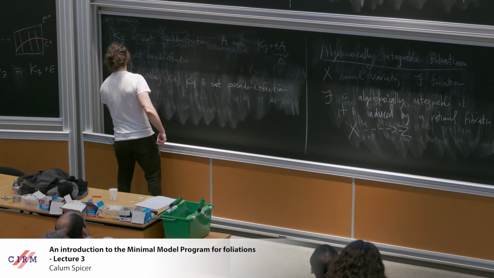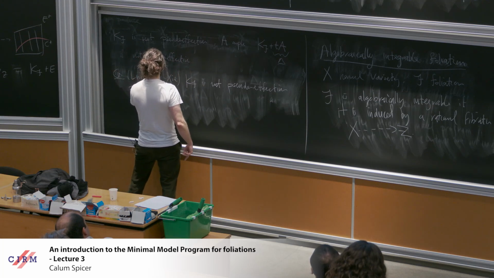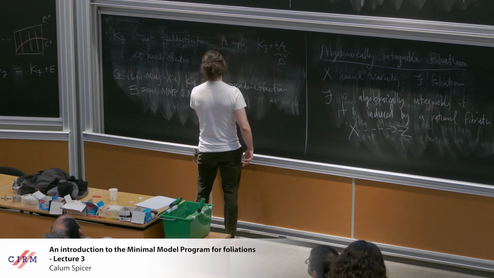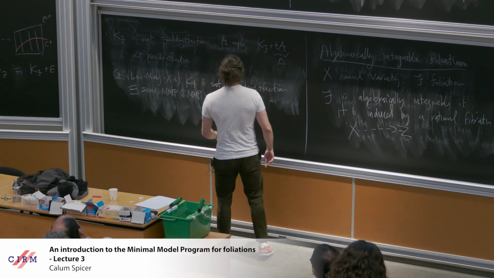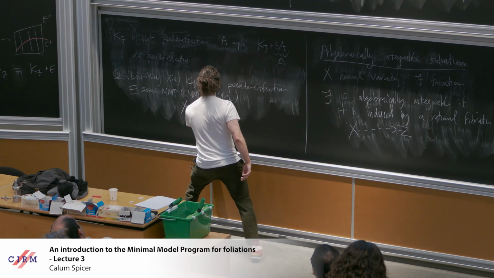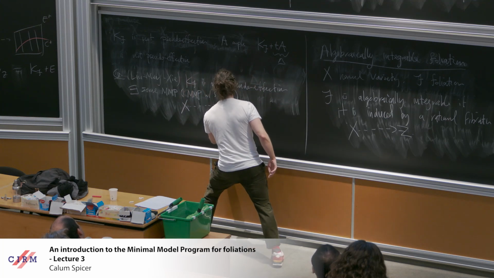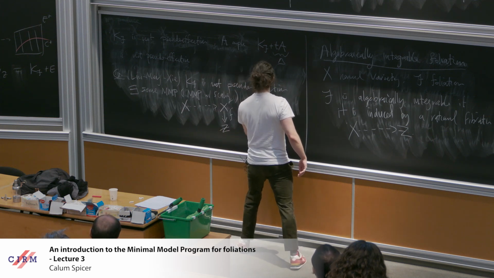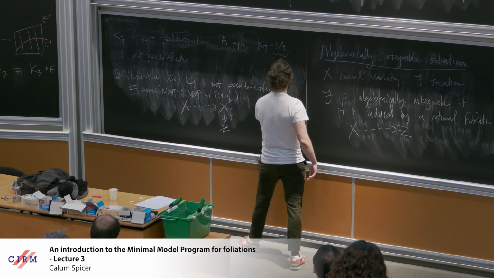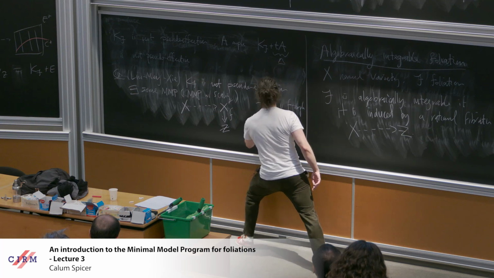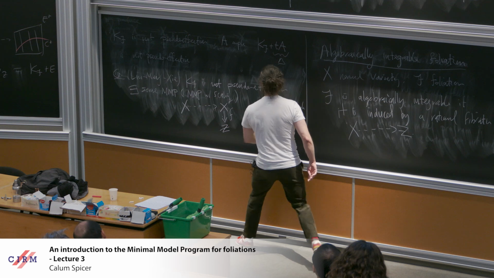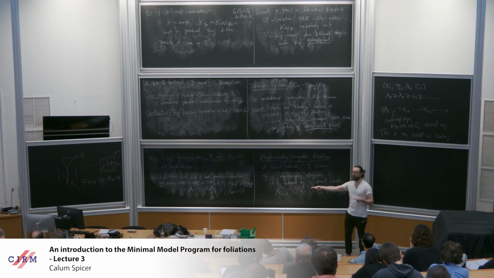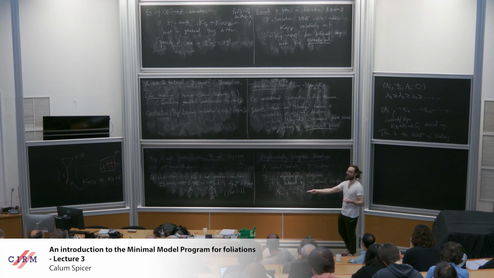there exists some MMP which terminates in the fibration case. And again, to emphasize, this is an MMP with scaling of something. But what we scale with isn't so important. So X' to Z such that minus K_F' is f-ample. So again, just to recall, this was our case 1 situation. So we know that if we have an MMP which ought to end up in a case 1 situation, we can always get to some case 1 situation.